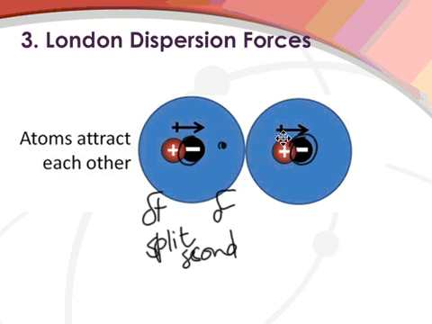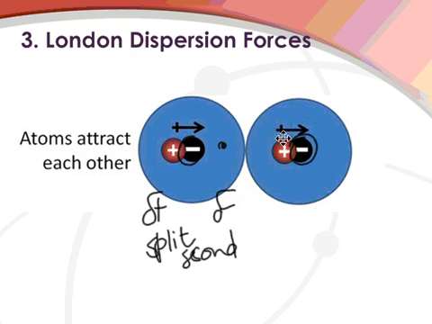What it does in that split second, though, is allow other molecules to push their electrons over to this side, maybe over here for a split second, making other molecules partially positive and partially negative. So you do have a little bit of attraction between molecules here. The issue is this only happens for a split second, so it's very, very weak.